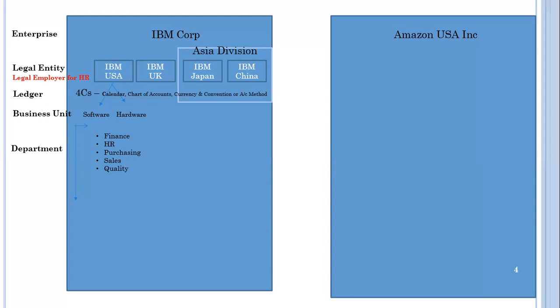Then you have the chart of accounts. Chart of accounts is the listing of all the different account codes that are to be used. Along with that, it will have the accounting flex field. Accounting flex field is the key flex field that is used to design the accounting combination. So when you define an account code in the system, we usually make it a unique combination.